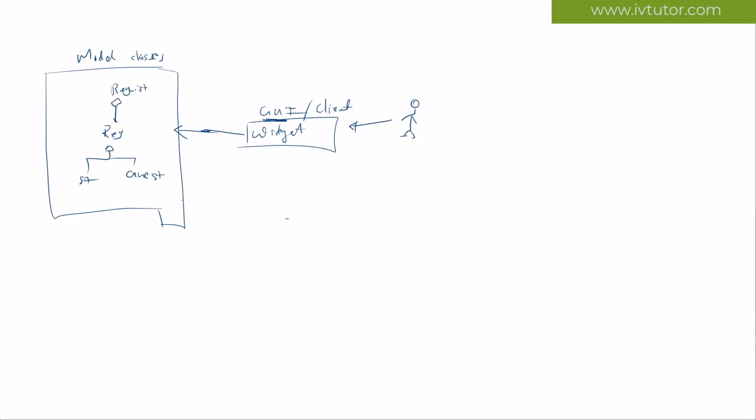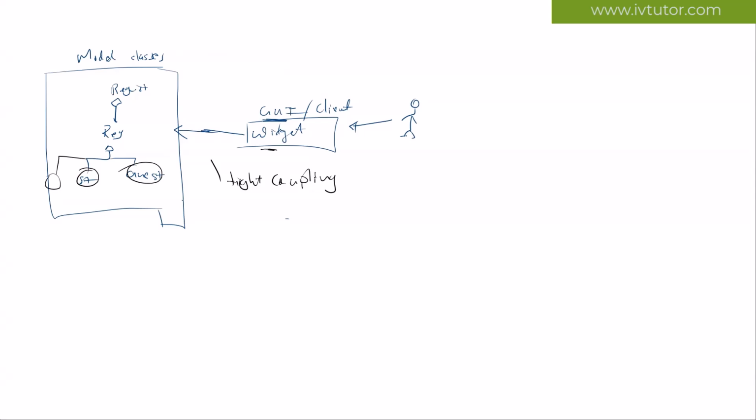Which means your client depends a lot on the details of your registrations. It has to know if you go and put another registration, your client has to know. So it's tightly coupled to your registration model.